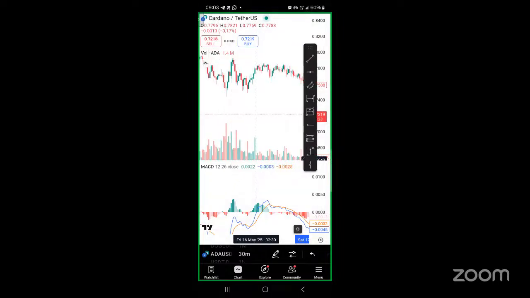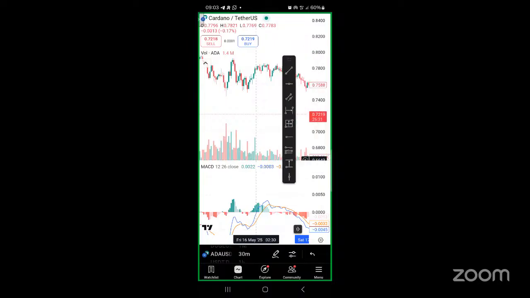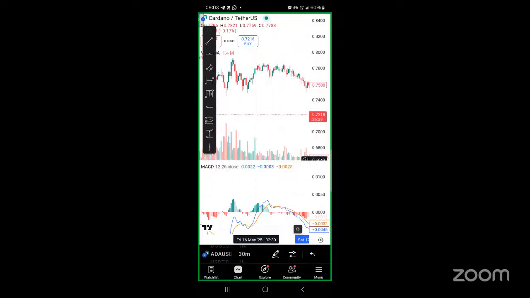It's the term I've been looking for. On the MACD indicator, this is called a zero line.